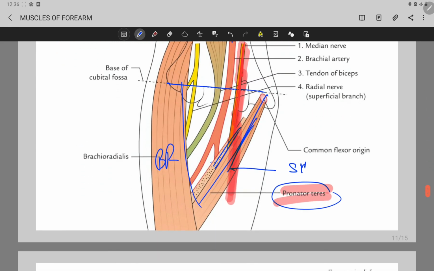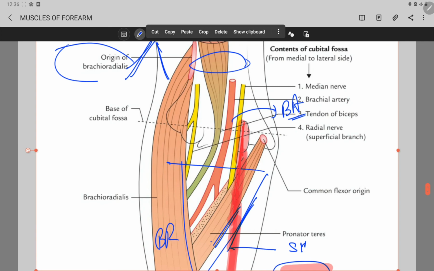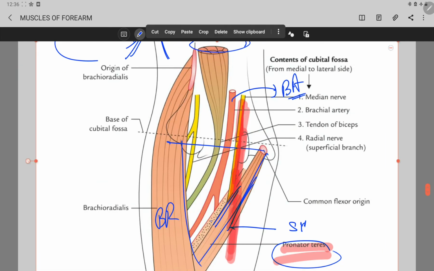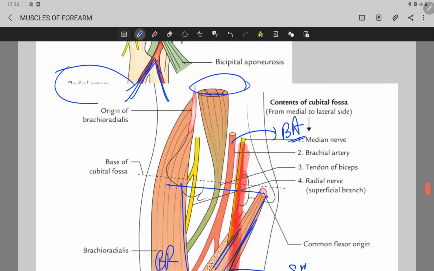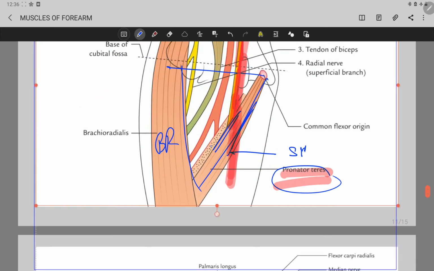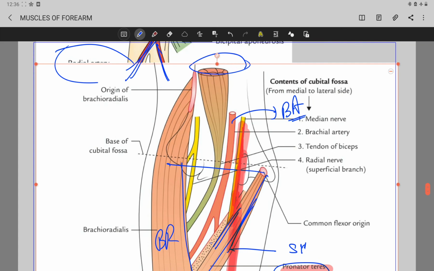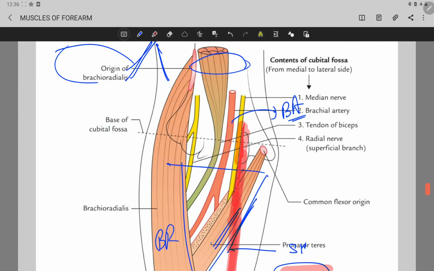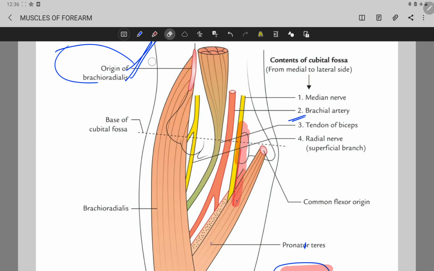So this is the brachial artery, you can see here, and the brachial artery is dividing into ulnar artery and radial artery.